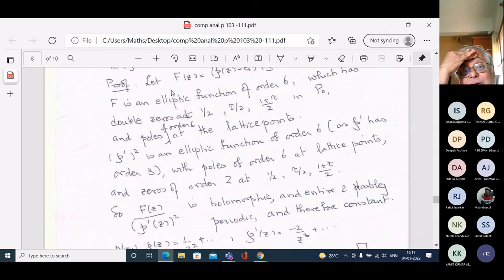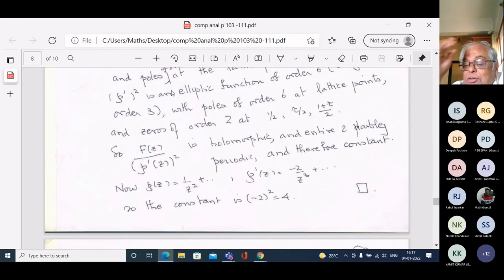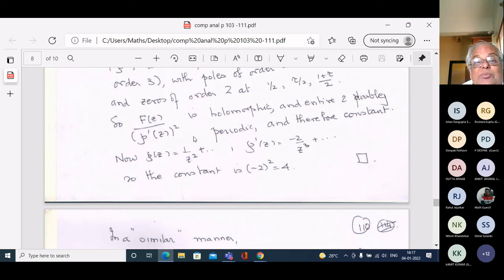What is that constant? You just evaluate it near 0. ℘(z) is 1 over z squared, ℘′(z) is −2 over z cubed plus higher order terms near 0, so ℘′ squared becomes 4 where F gives 1, so I must multiply by (−2) squared.